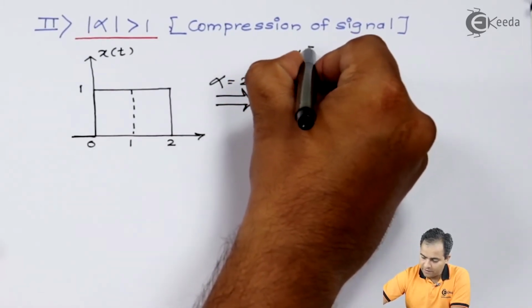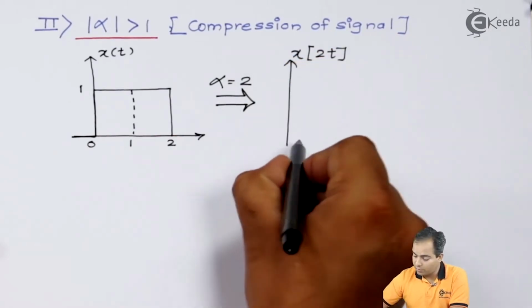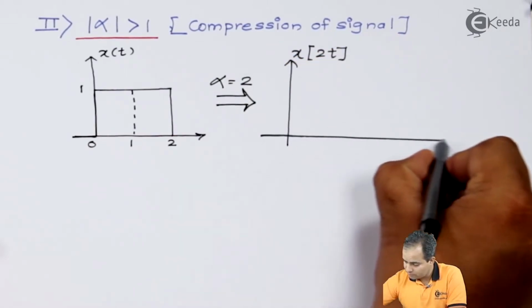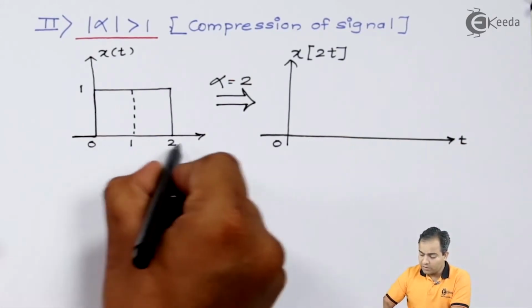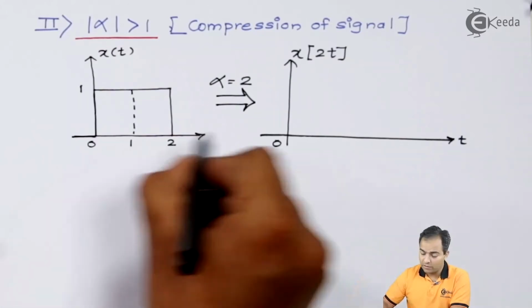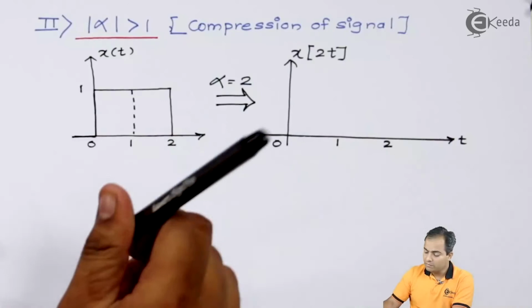So this alpha value is now 2. So I'm going to write this function 2t. I'll write all the sequence as it is available on x of t: 0, 1, 2, that's it.